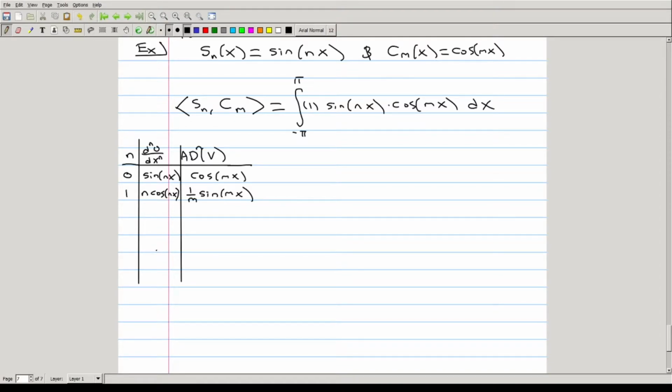And when we do the next integration by parts, we'll have the derivative of cosine of nx, or n times cosine of nx, which is negative n squared sine of nx. And the antiderivative of sine of mx is going to be negative 1 over m squared cosine of mx.